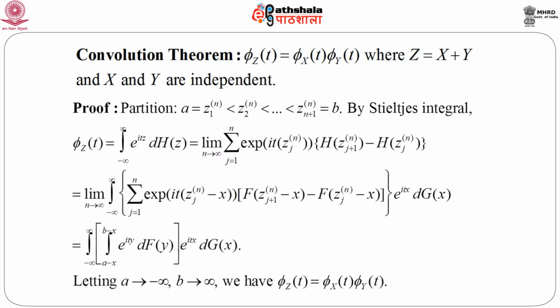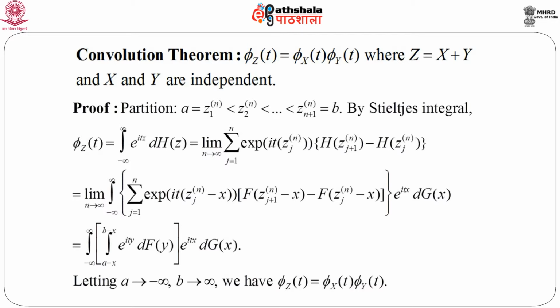If you look at this entire expression and consider the limit, then this quantity would be the integral of e to the power ity from a minus x to b minus x dF(y). That means, just by putting z minus x equals y, we get this expression.